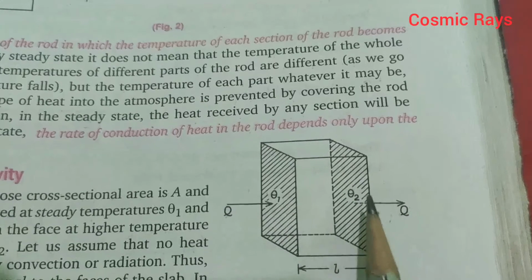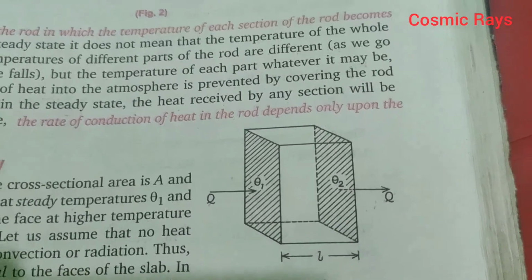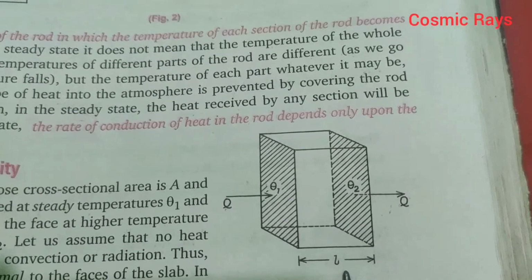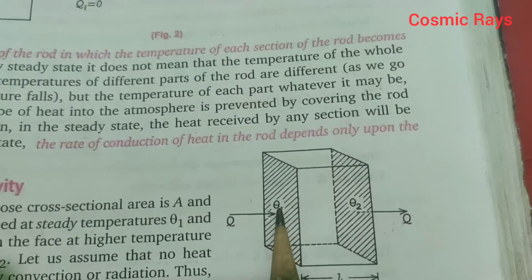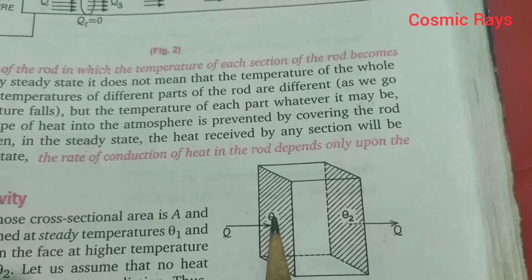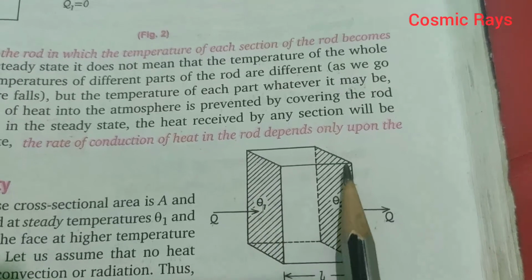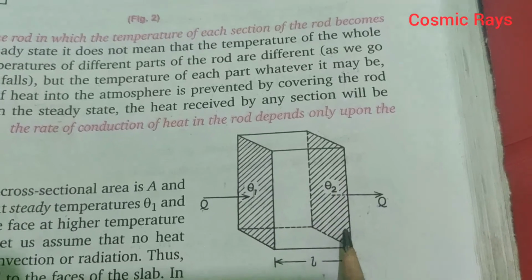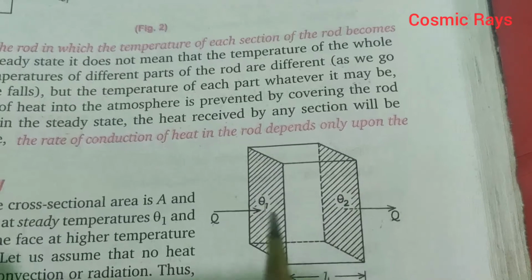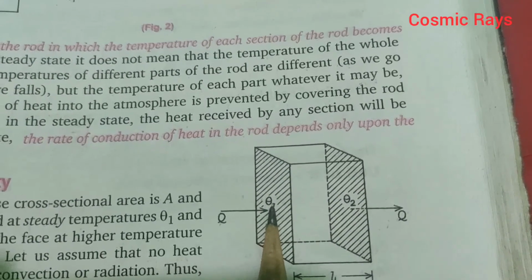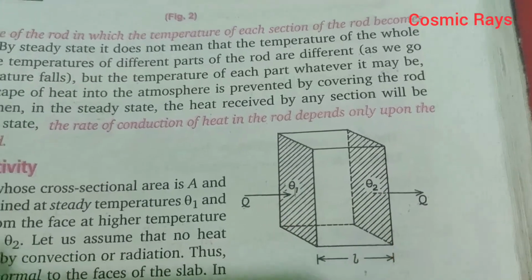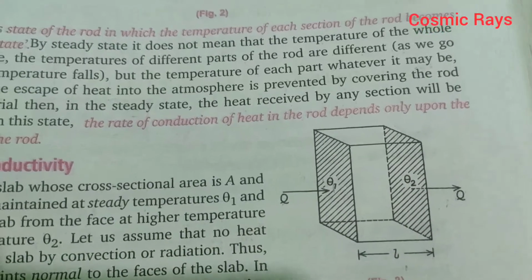Now the total cross-sectional area is A and the length of this slab is L. Theta 1 is the temperature of the first face of this slab and theta 2 is the temperature of the second face of this slab. Now theta 1 is at the higher temperature and theta 2 is obviously at the lower temperature.